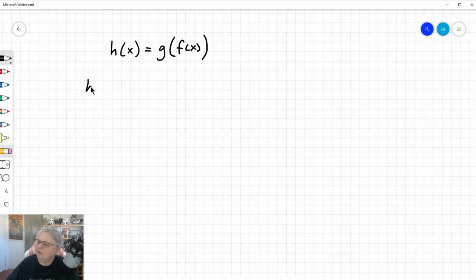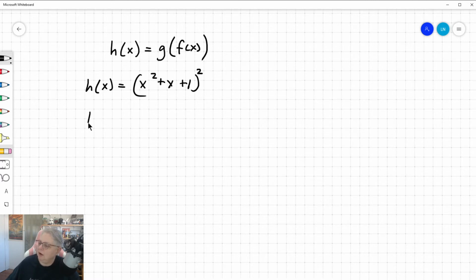So let's say we had something like h of x is, I don't know, (x squared plus x plus 1) squared. Now, if I wanted to take the derivative of that, it wouldn't be too difficult for me to just multiply that out, get a polynomial, and then use the power rule to take the derivative of the polynomial.